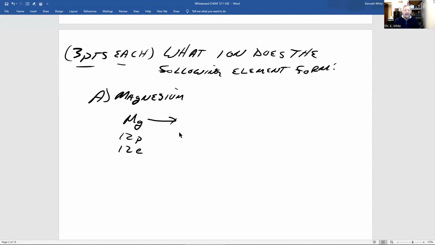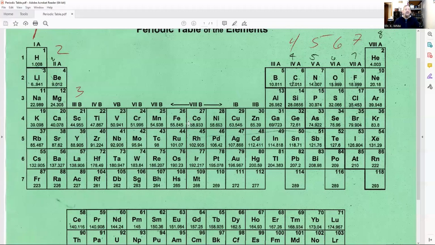Now, it wants to have the same number of electrons as the nearest noble gas. And what we mean by nearest noble gas is the one nearest numerically based on the atomic number. Magnesium is at 12. Neon is at 10.